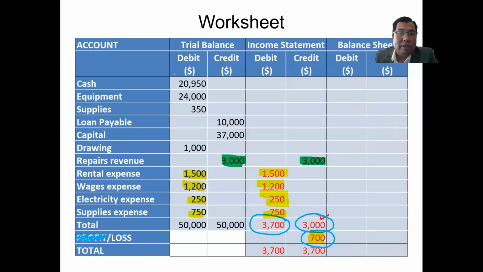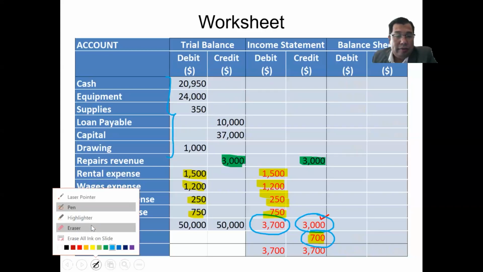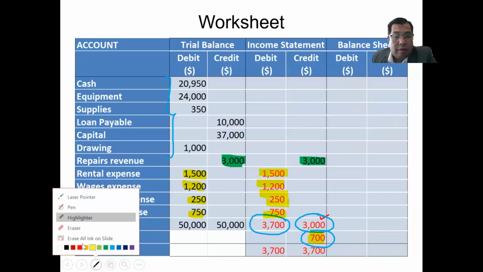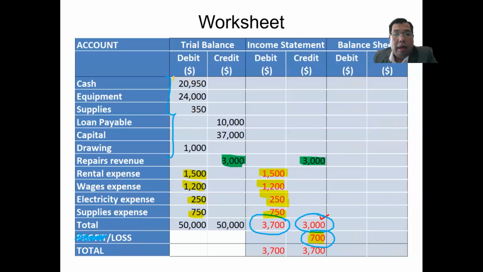For other items, if the item is debit, for example your assets, cash, equipment, supplies, you're going to transfer to the debit side of your balance sheet. You're going to put it here.